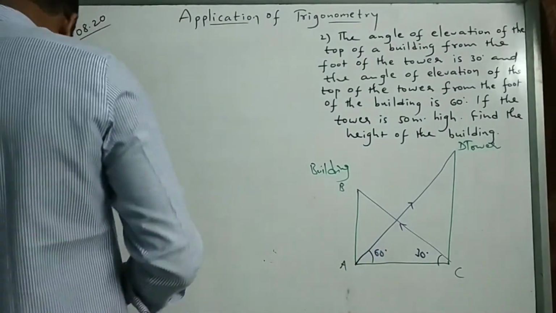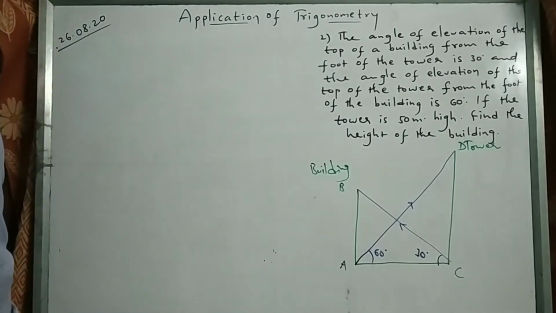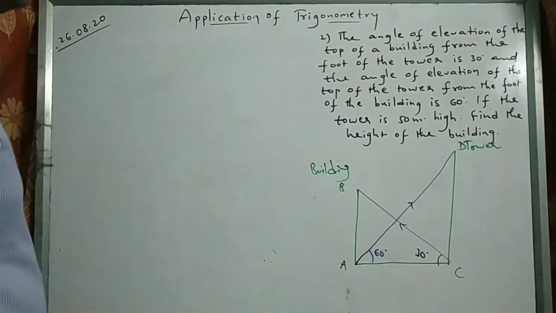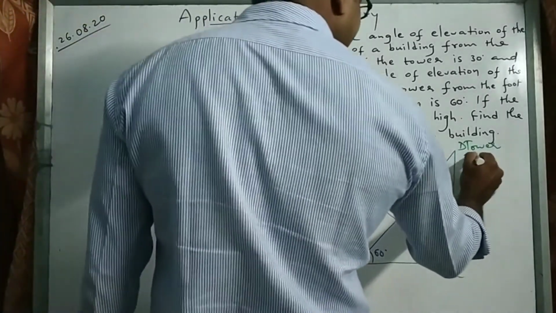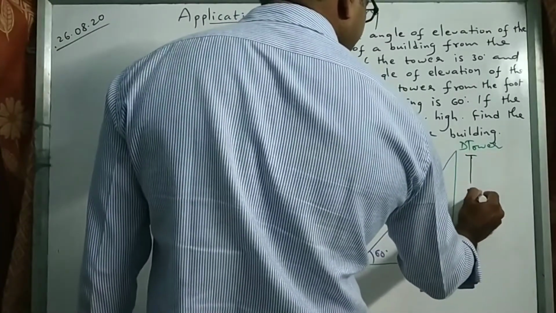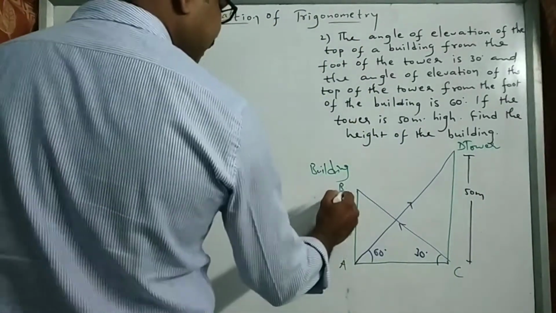The height of the tower is given, 50 meters. Find the height of the building.